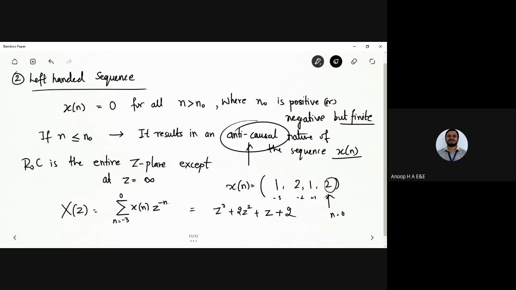So X of z would be equal to z cube plus 2z squared plus z plus 2. That is how X of z is written, the z transform of the given signal. Okay, so just hold for a while.